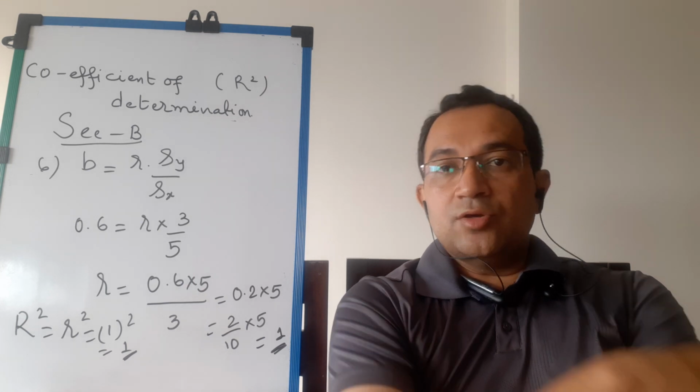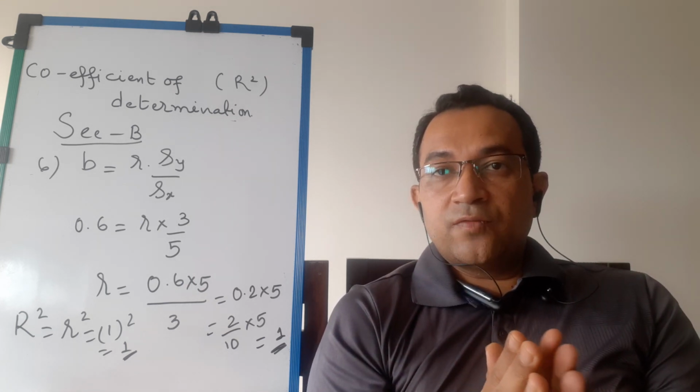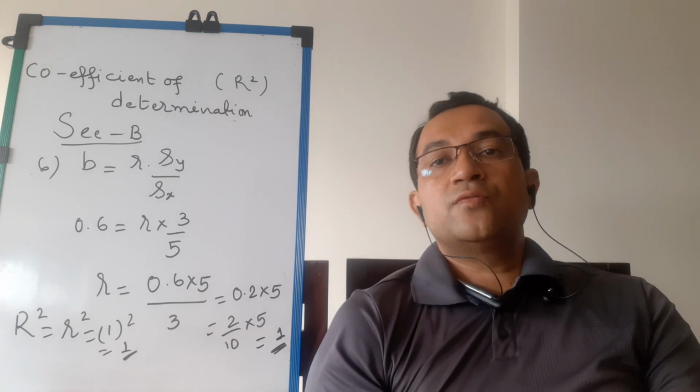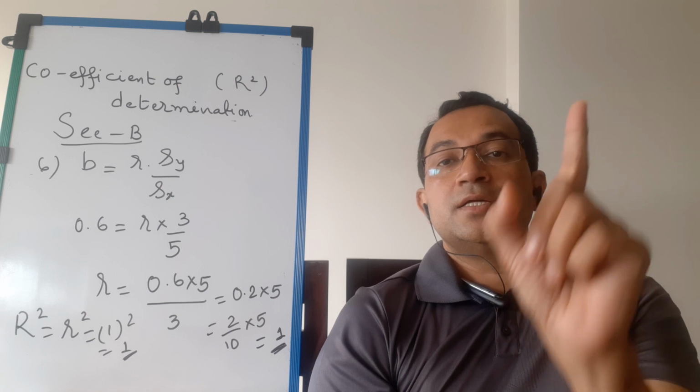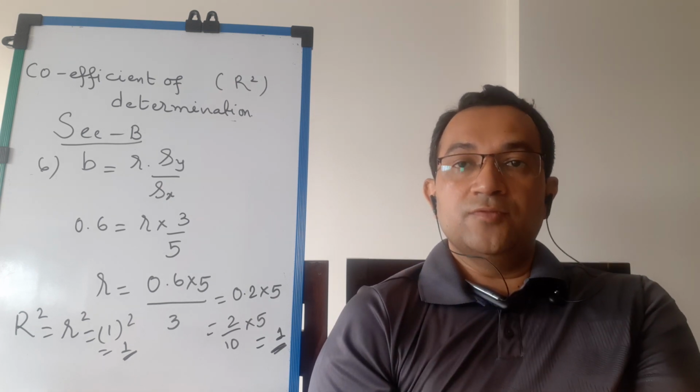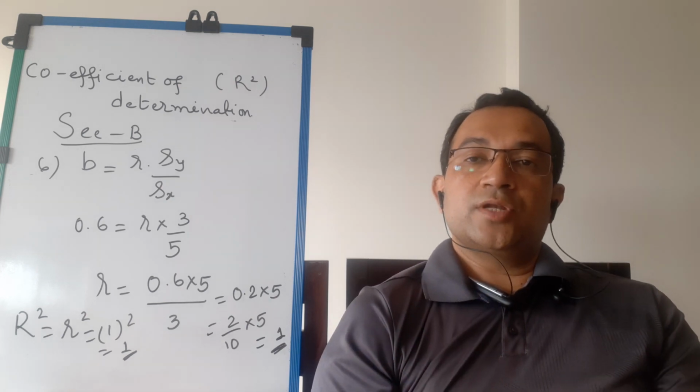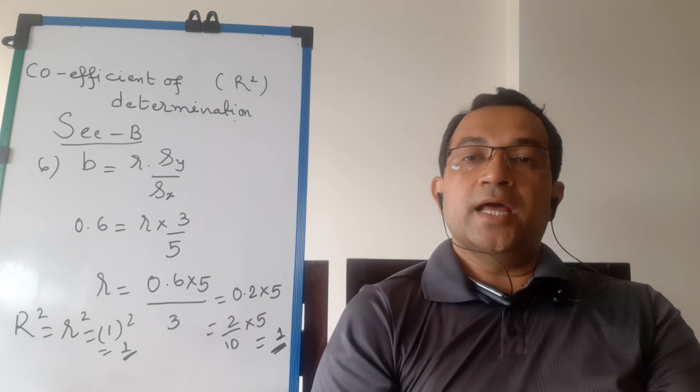I told you your given values of x are in the range of 40 to 70 and you are told to find the estimate of y for x equal to 180 or minus 80, and that value is very far from the given values. In such a case, your estimates may not be reliable.